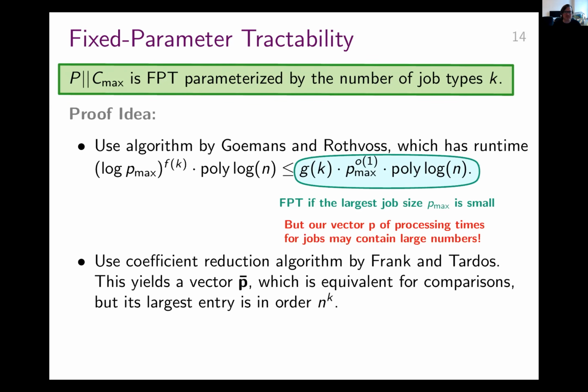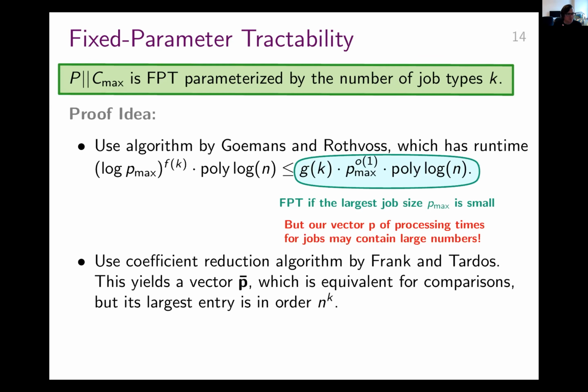Okay, so this vector p is like this hyperplane I was talking about, and they give us a different vector p bar, which behaves exactly the same with respect to all job multiplicities up to n.